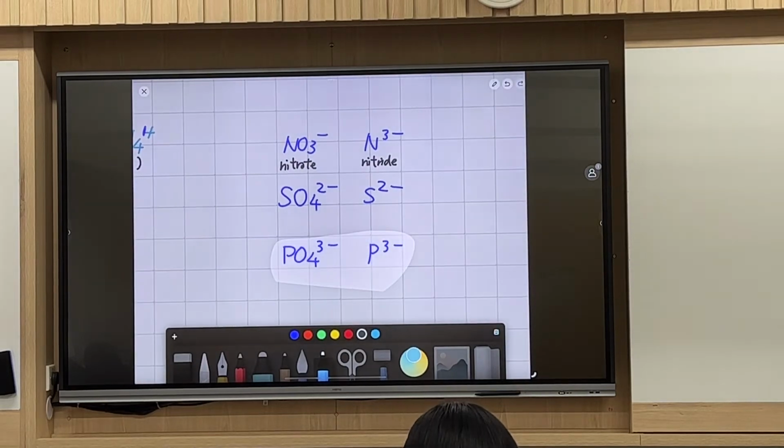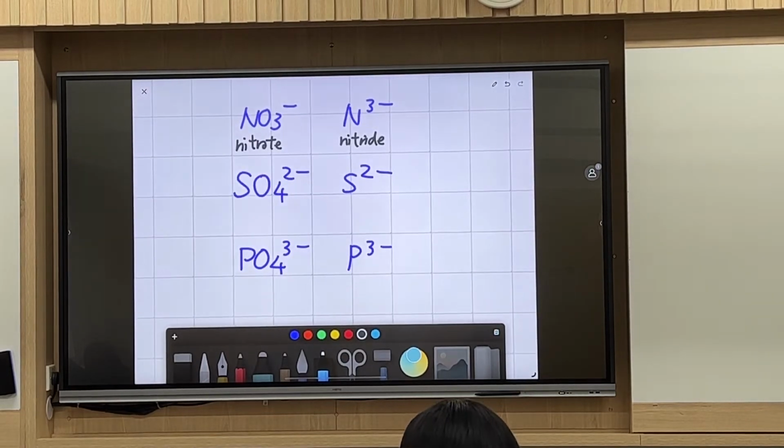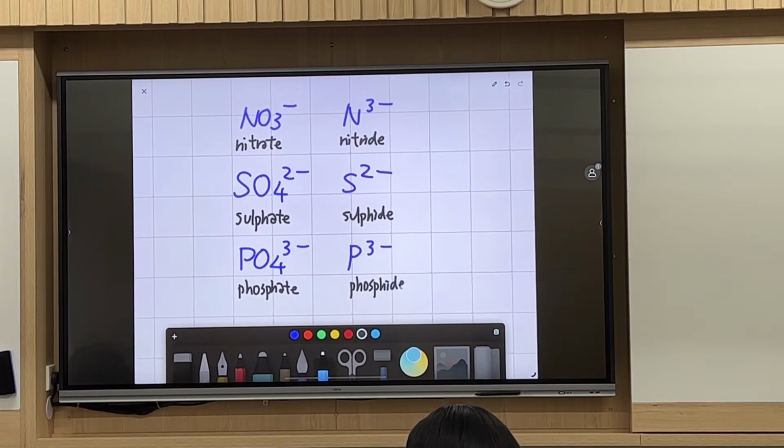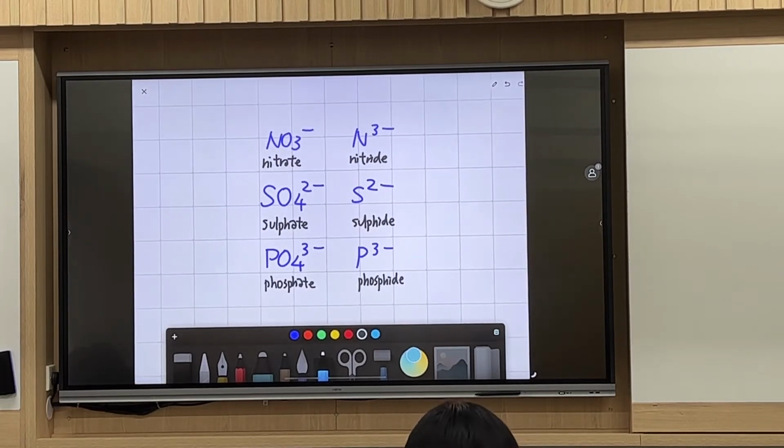Then we have another two confusing pairs. Sulfate, SO4 2 minus, and sulfide, S2 minus. Then we have phosphate, PO4 3 minus, and phosphide, P3 minus. Okay, let me give you a very handy rule.